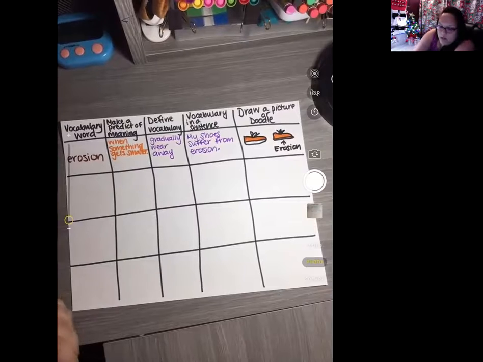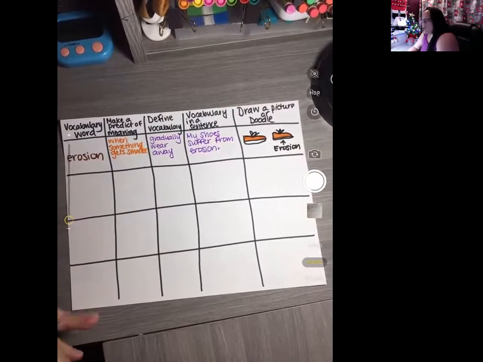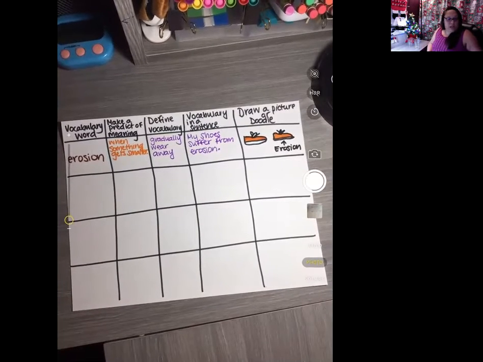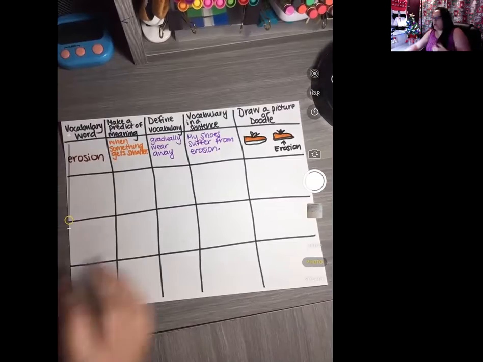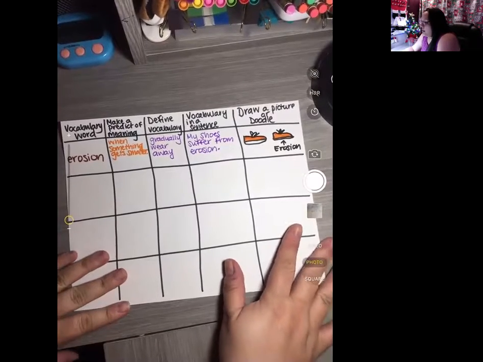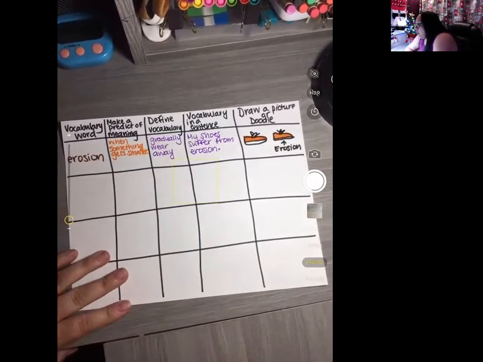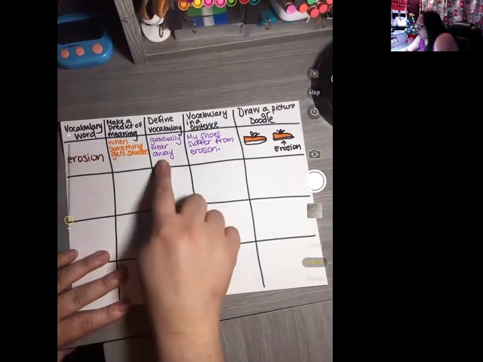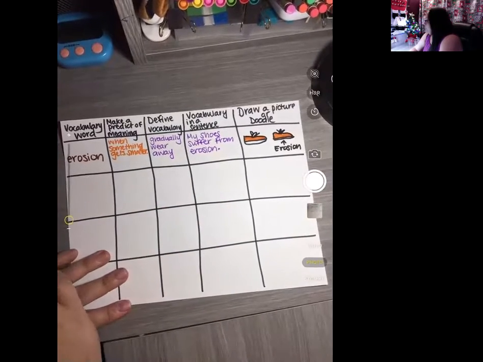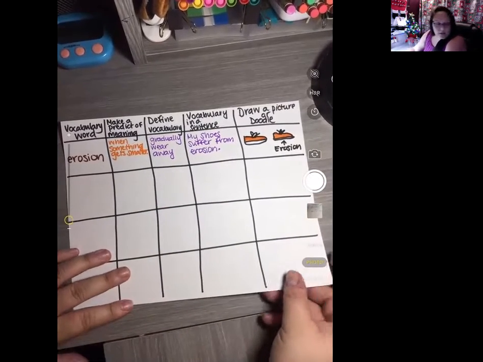This is one of our main vocabulary words that we will be using today. So I wanted to make sure that we understood what erosion means. It means to gradually wear something away. Gradually wearing away. So I'm going to put this aside.